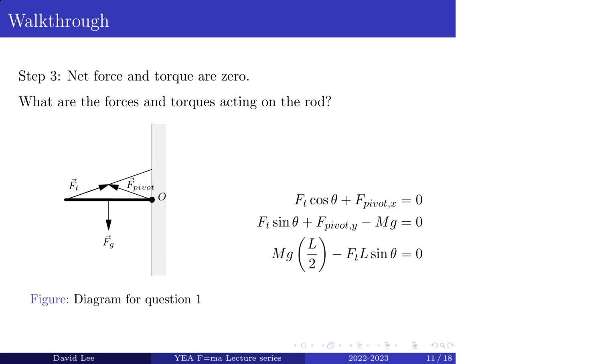And we have FL sine theta, that's the tension force times the distance times sine of the angle, so that's the torque from the tension. And notice that they go in opposite directions, so that's why I put a minus sign there. When you add them up, that gives you the net torque, and that should also equal 0.